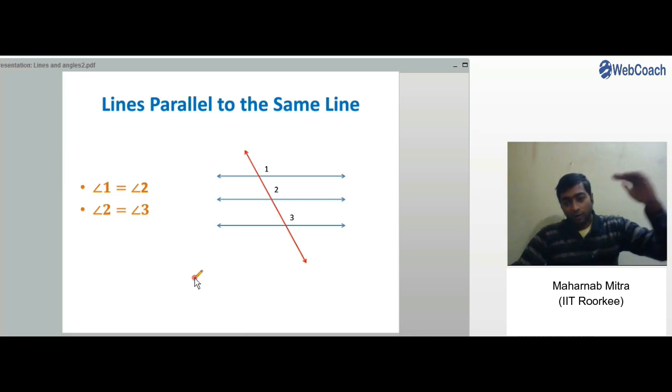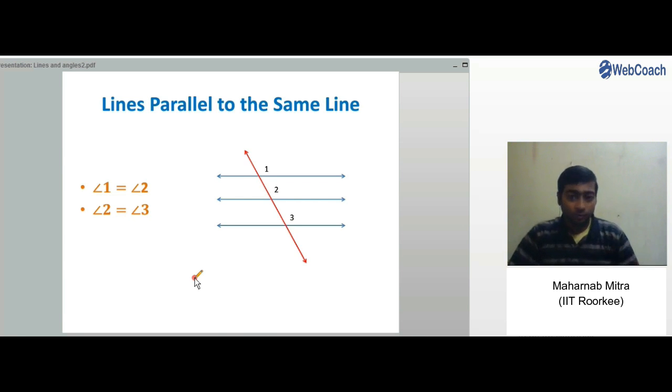So for every parallel line, all the different types of angles that we had talked about will always be correct, right. And for the interior angles, this angle must be equal to this angle, and this angle must also be equal to this angle, because these two are interior angles and these two are exterior angles.